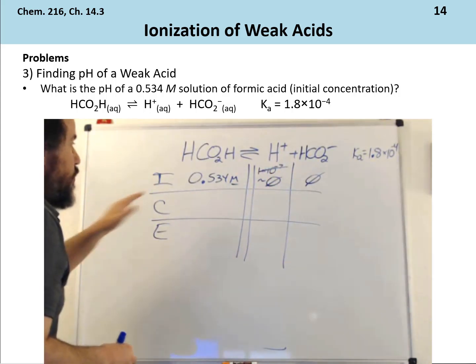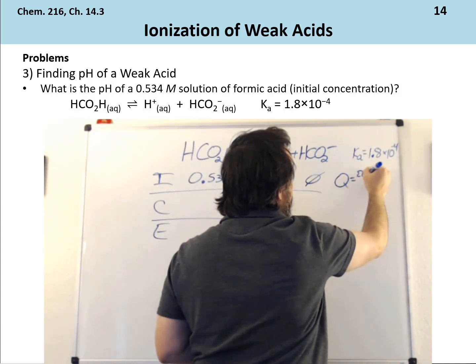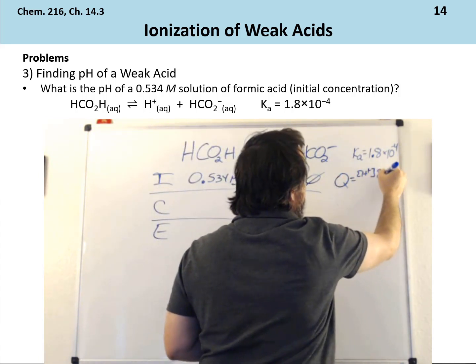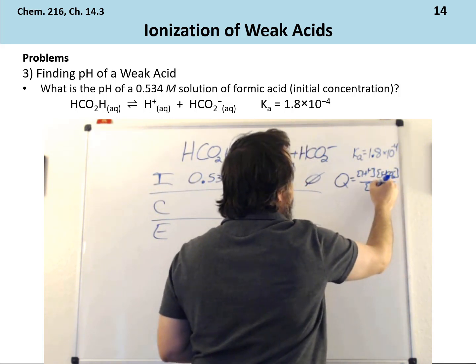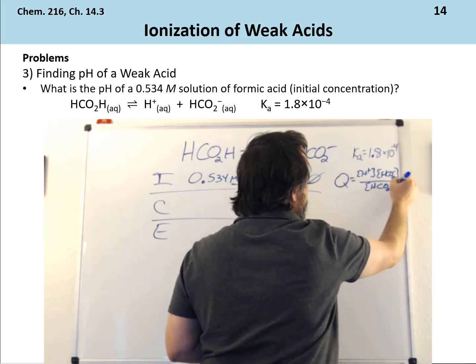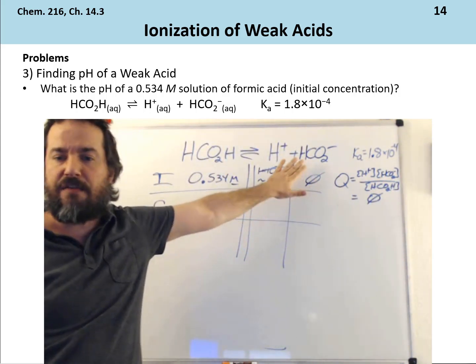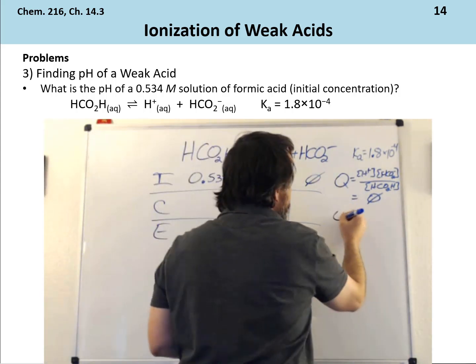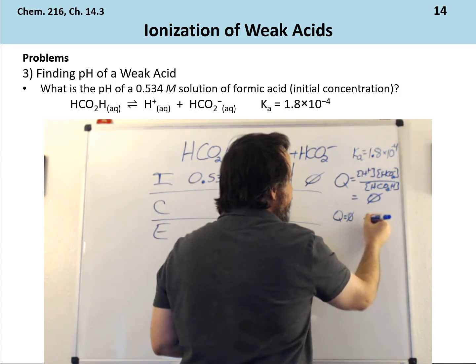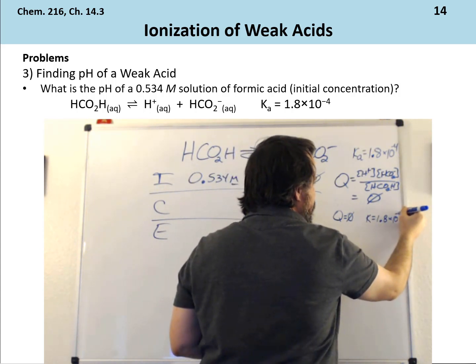Okay? All right, so what's my Q? My Q is going to be H plus times HCO2 minus over HCO2H, or 0. If I have something where I have no products, that means Q is equal to 0. All right, so Q is equal to 0. K is equal to 1.8 times 10 to the minus 4.